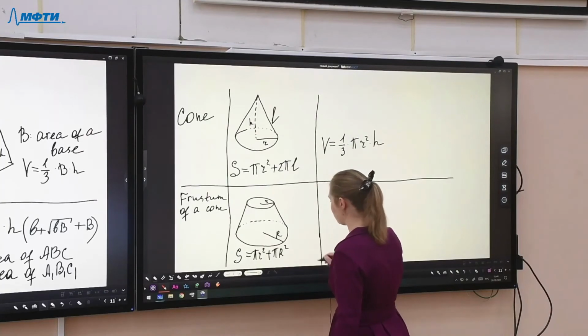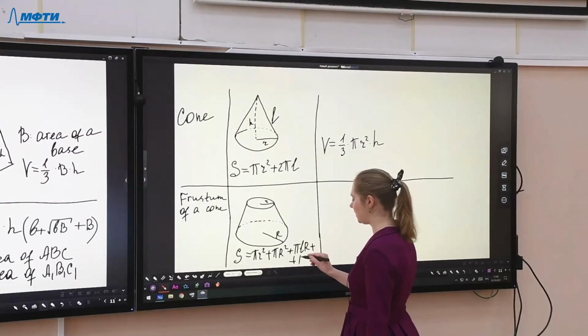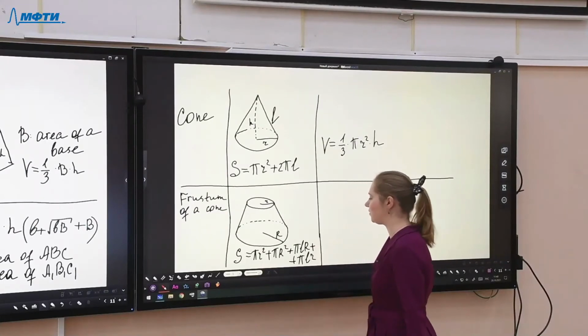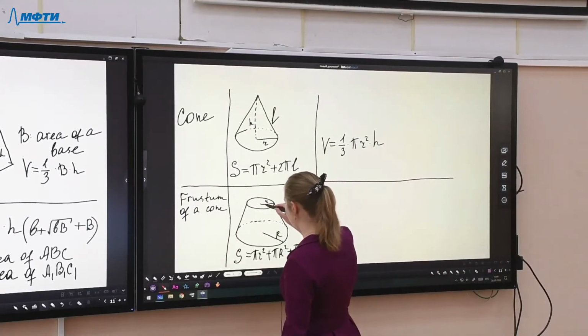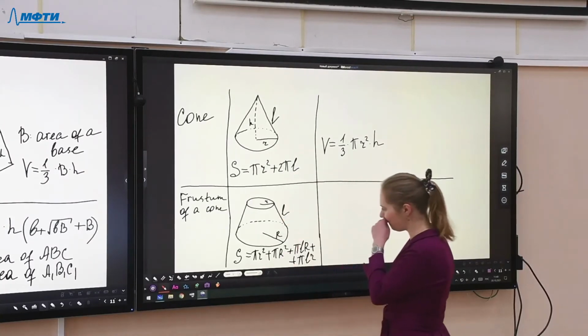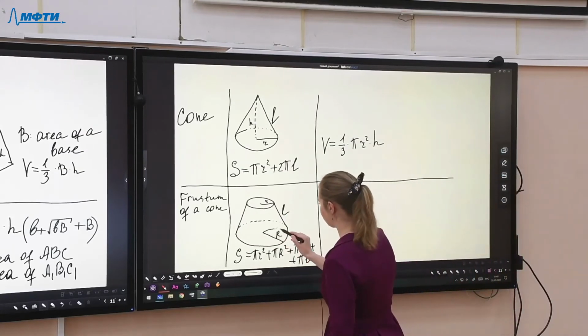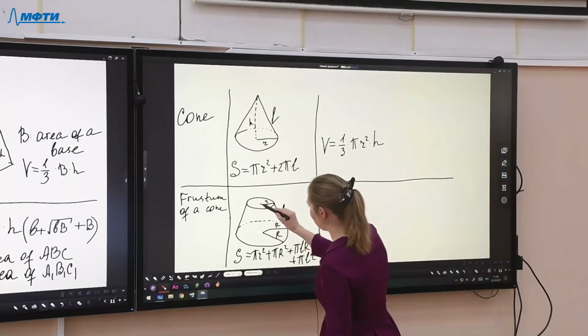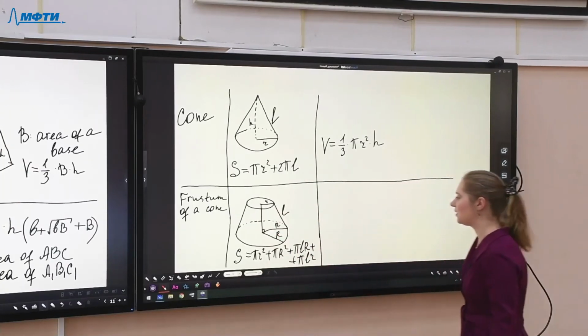And then we need to add pi L capital R plus pi L small r. Here L is this thing. This is also R, drop a perpendicular, and this is side L.